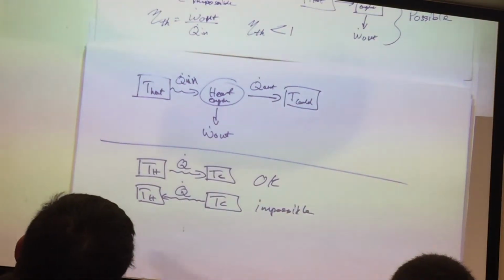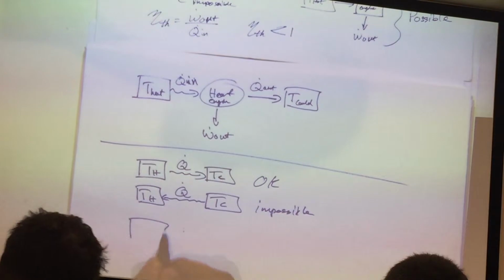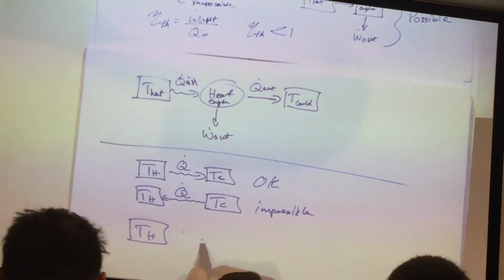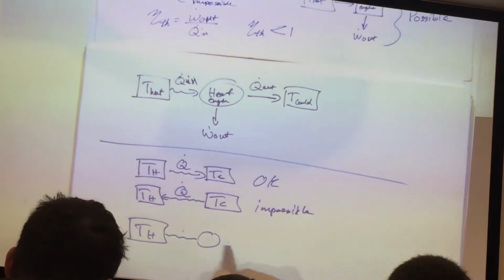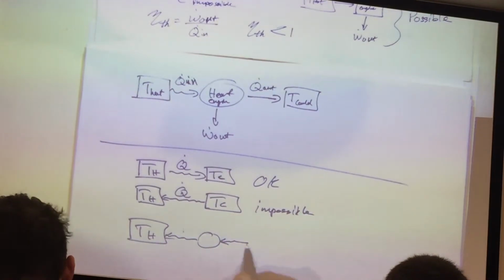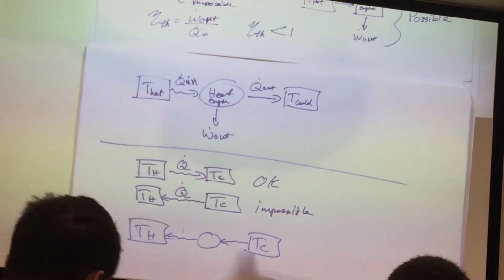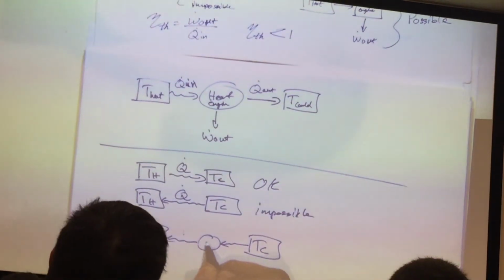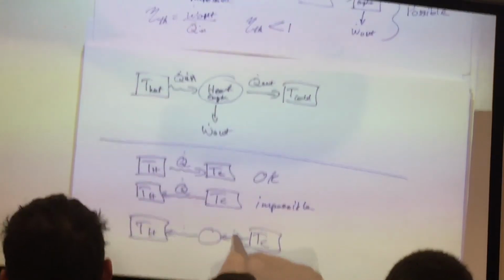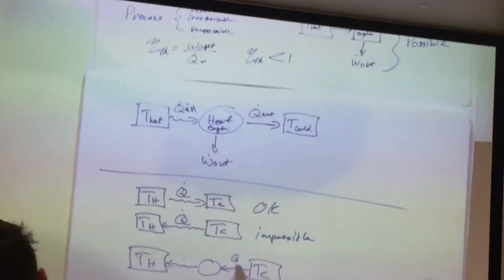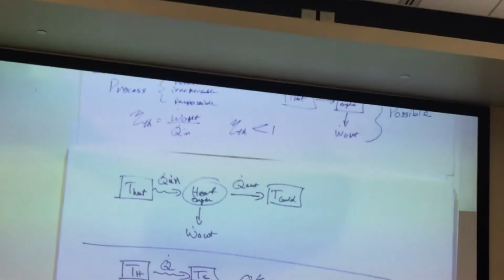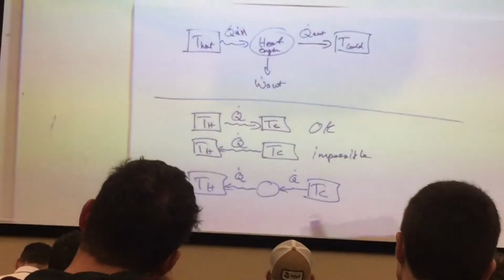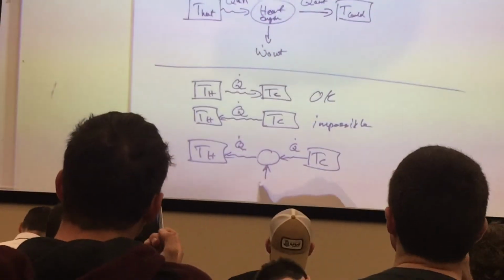And like your colleague mentioned, I have to put some kind of work in. If I want to go from cold to hot, I have to put work in to do that rate of heat transfer. Heat transfer wants to go from hot to cold. We're going the opposite way, so I have to put work in.